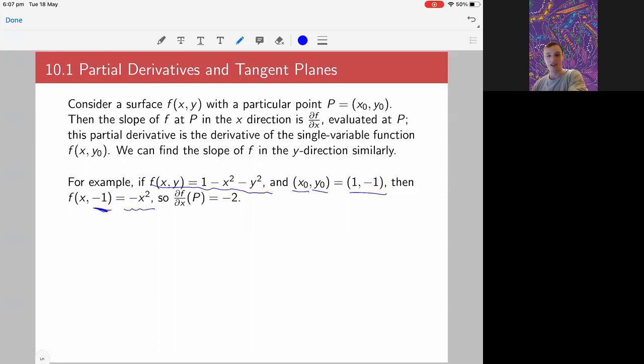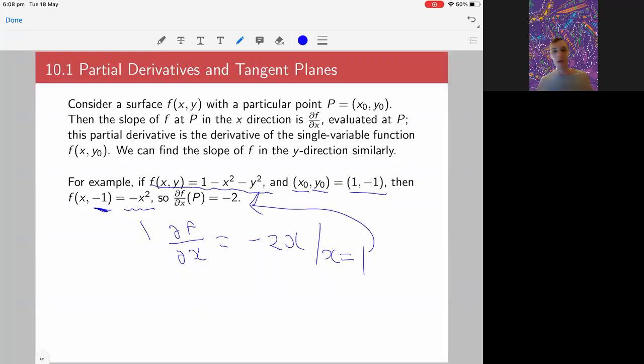Because the function we just end up with is minus x squared, and so taking the derivative is easy enough. The derivative is equal to -2x, but we've got to evaluate at the point x equals 1. And so that brings us to the number -2.